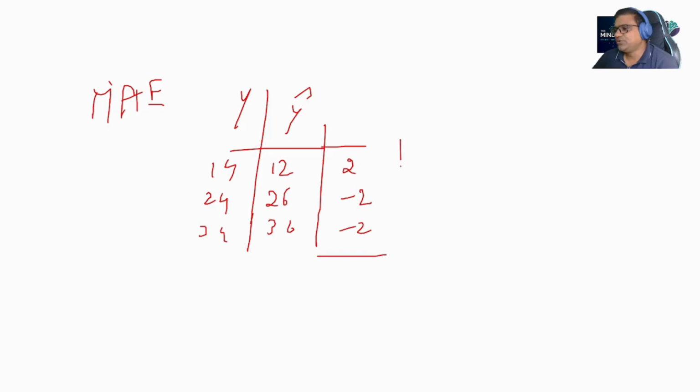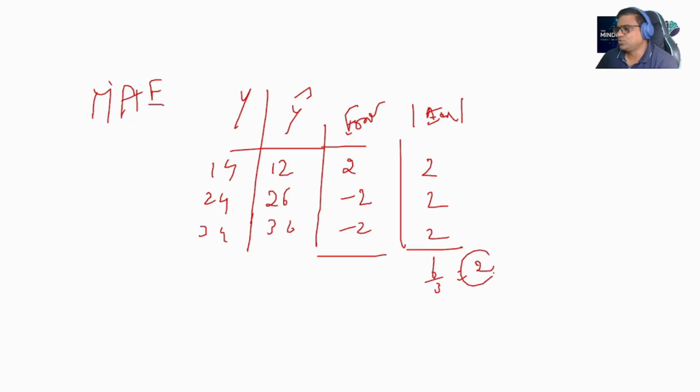The absolute value of each is 2, 2, 2, because absolute means it ignores the sign. This is my absolute error. Then take the mean of these three: 6 by 3, which is equal to 2. So the lower, the better the model.